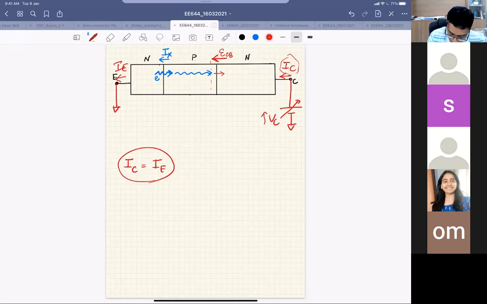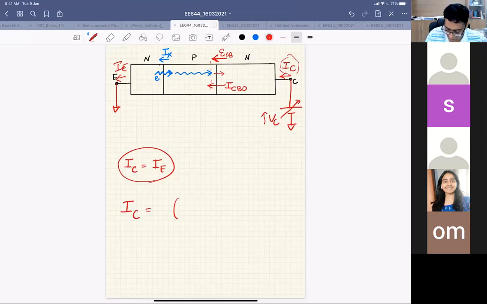So if you write your collector current, let's say you are not injecting any current, that means I have ICBO, the collector base reverse saturation current, flowing across the junction, right?